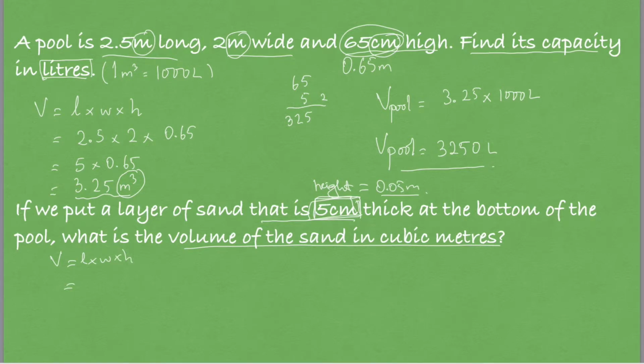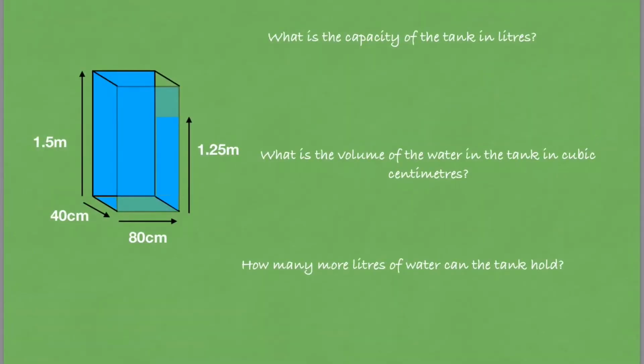Length and width are going to remain the same, 2.5 times 2 times 0.05. 5 times 5 is 25, and after 2 digits we put the decimal point, meter cube, and it means volume of sand at the bottom of the pool is 0.25 meter cube. And we can continue with the last question.